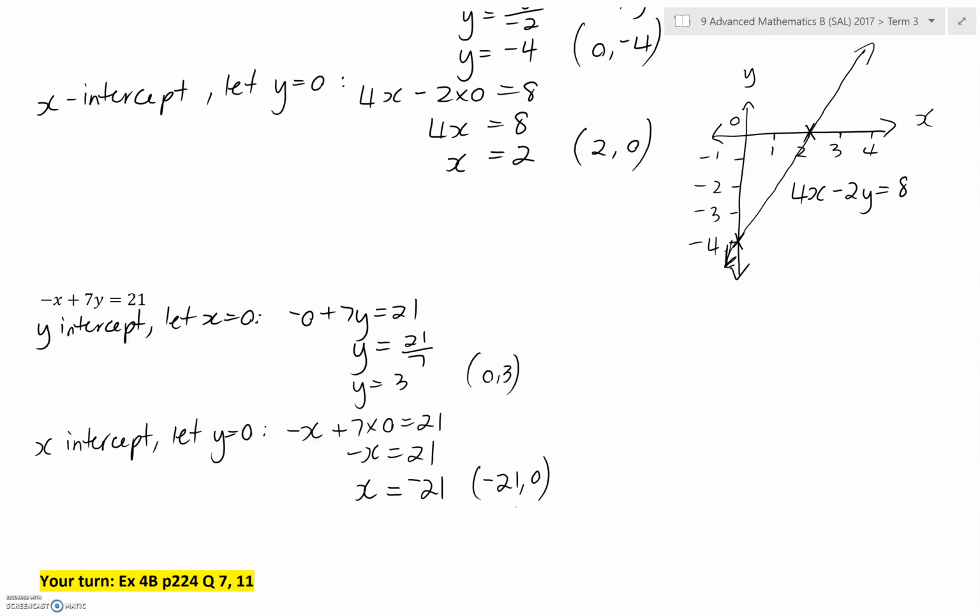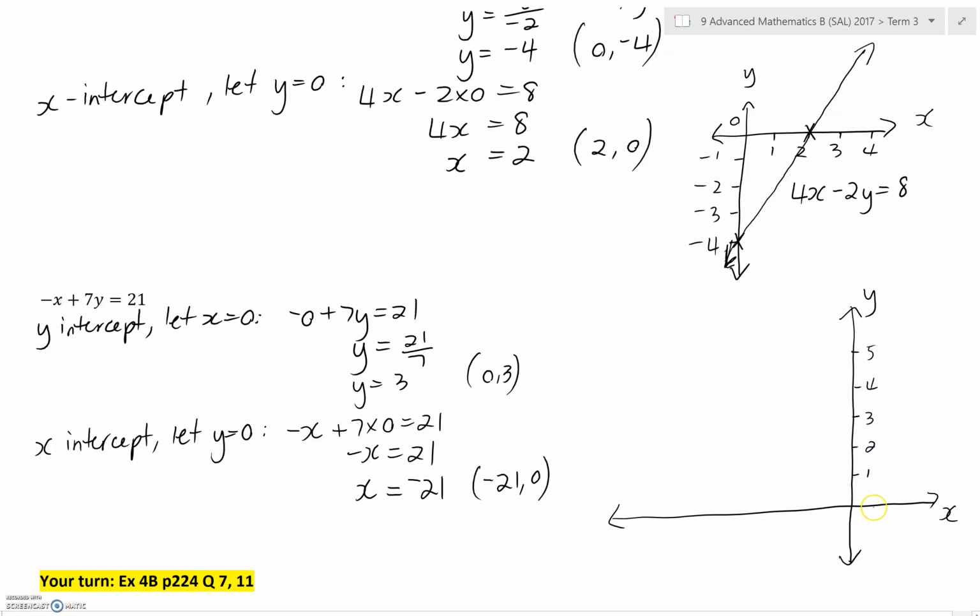Now I need lots of negative x-axis and I need positive y-axis. Remember, when you're plotting on axes, the axes don't actually have to be to the same scale, as long as on both sides of the y and the x they're consistent with each other. So I'm just going to go up in ones, 1, 2, 3, 4, 5, because I only actually need up to 3 to plot it.